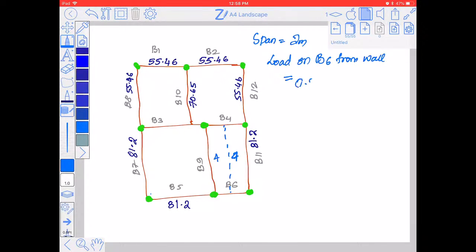Thickness of wall is 0.23, span of beam is 2 meter, height is 3 meter, and the density of brick masonry is 20. So what is the total load on beam B6?